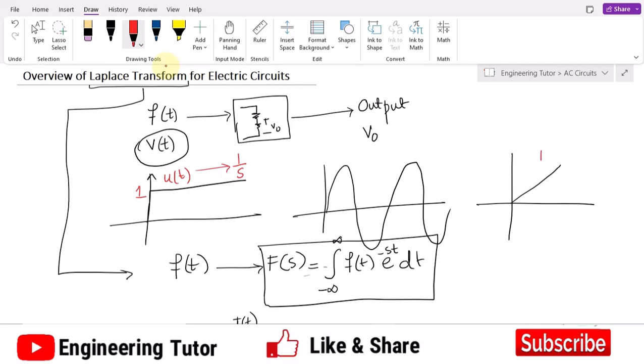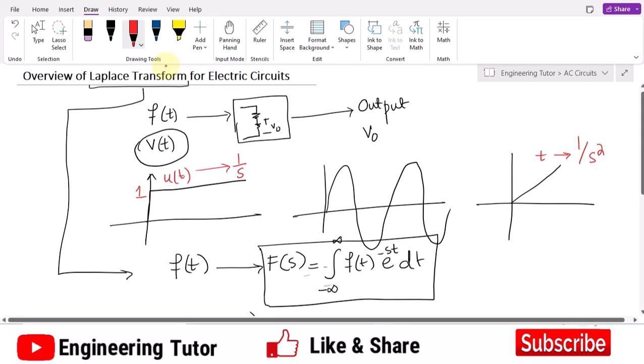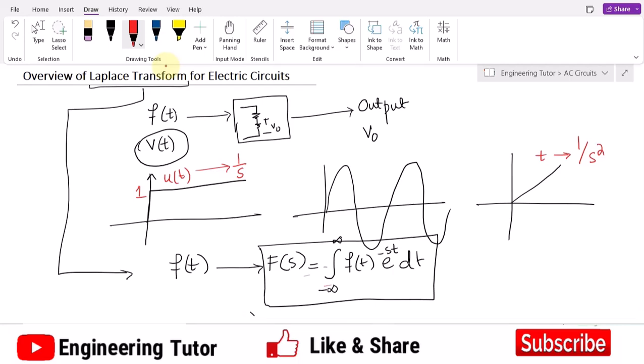Similarly, this is t, which is basically the ramp function, and its transform is 1 over s square. Once you put this t here and do all the effective steps, you will get that the transform of t is 1 by s square. Similarly, this is sine of omega t, and converting it into the Laplace transform, I will get omega divided by s square plus omega square.